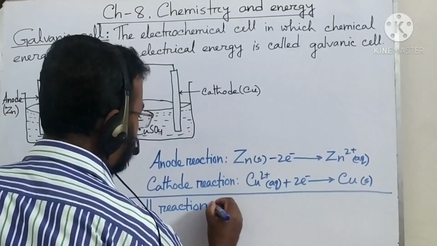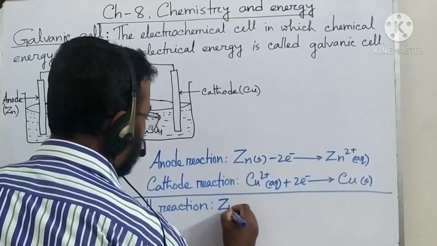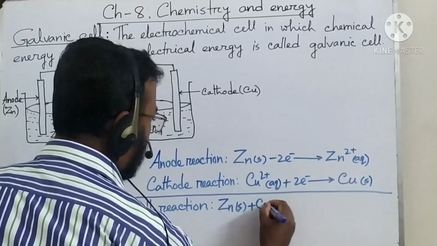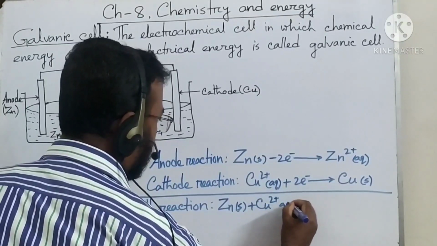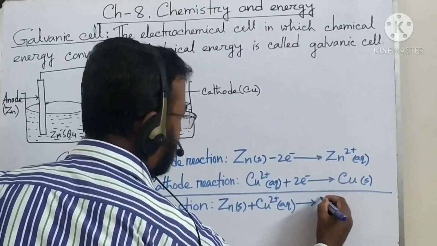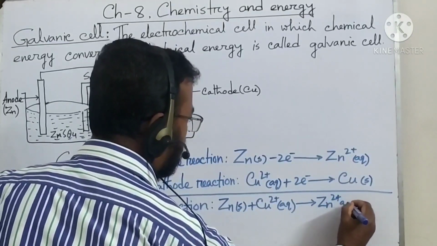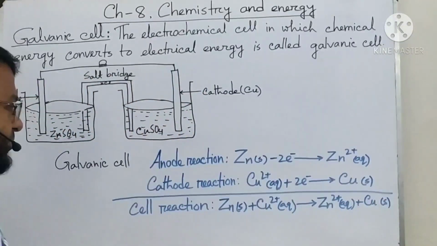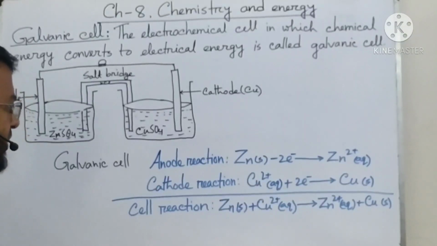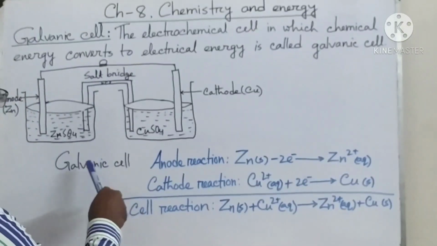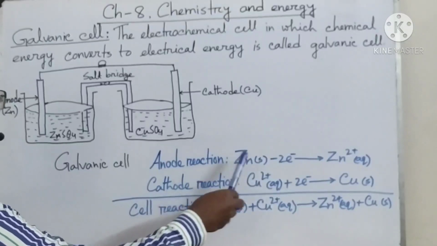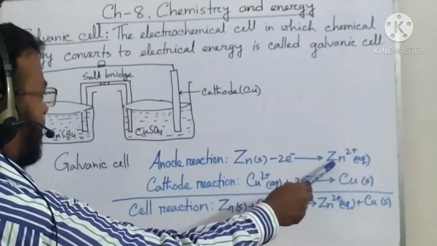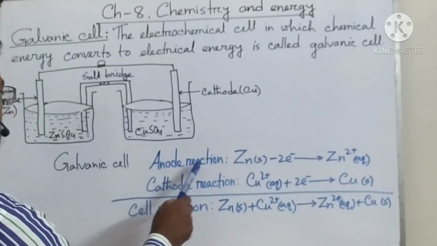Okay, now the cell reaction. Cell reaction is zinc solid, then copper ion, it is aqueous, then it forms zinc ion and copper. Okay, all of you see that in the galvanic cell, in the anode oxidation occurs, that means electron donation occurs. Zinc donates 2 electrons to form zinc 2 plus ion, it is the anode reaction.